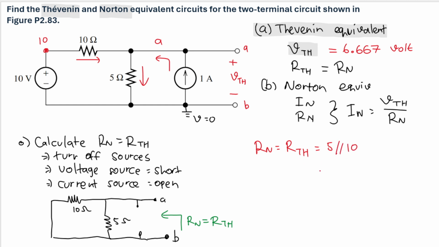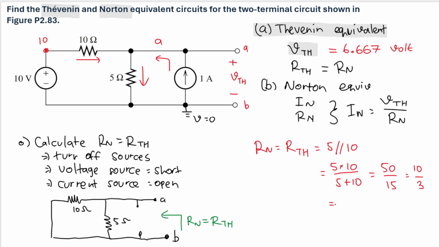Good. And now let's calculate this. This is 5 multiplied by 10 divided by 5 plus 10. And that will be 50 divided by 15. And maybe let's divide both numerator and denominator by 5. So I will have 10 over 3, right?